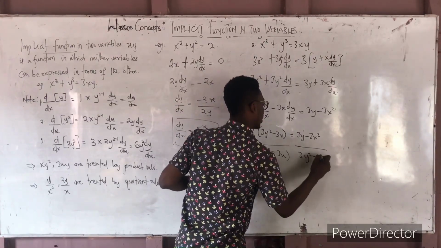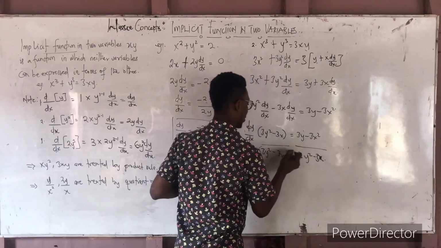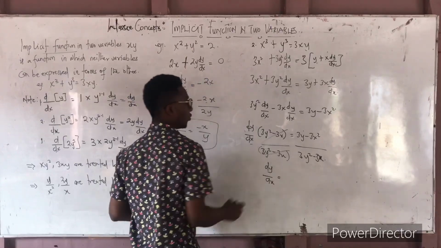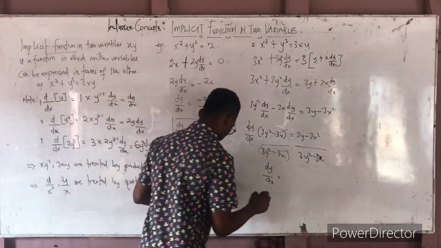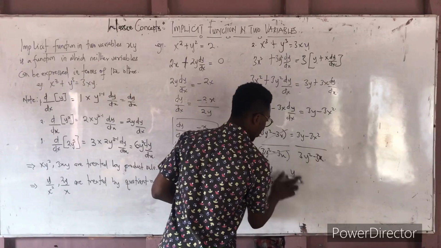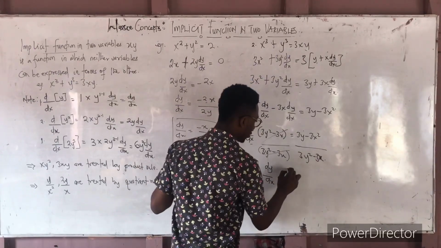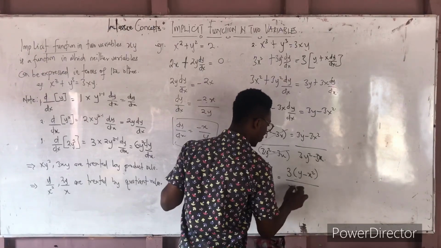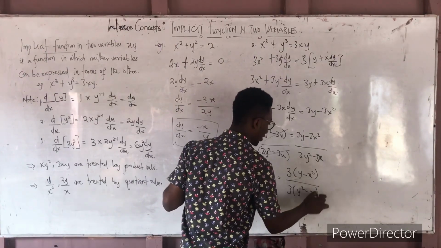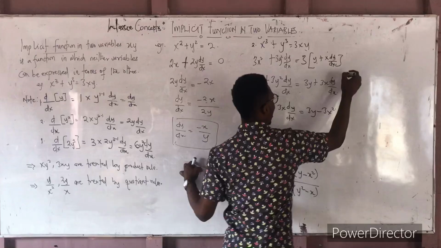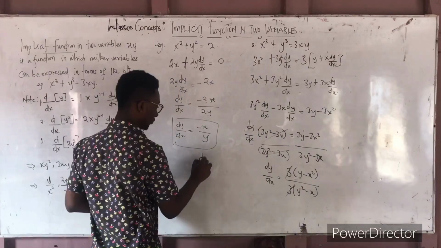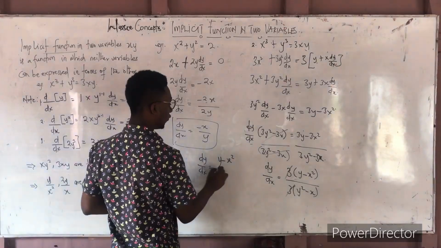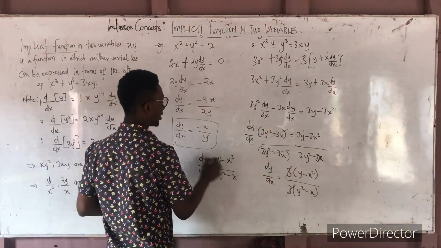So the dy/dx will give you, if I factorize the 3 out, 3 into bracket y minus x squared, all divided by 3 into bracket y squared minus x. So therefore, finally, our dy/dx becomes y minus x squared all divided by y squared minus x.